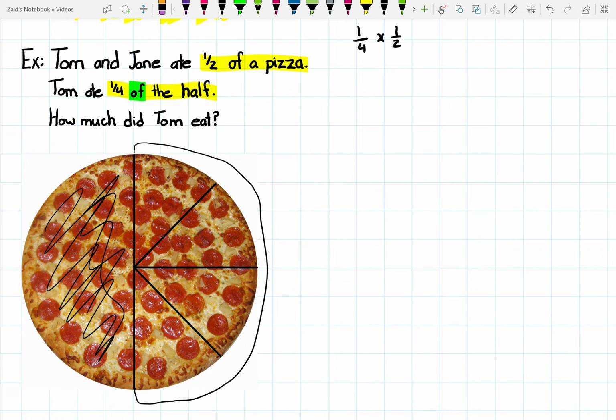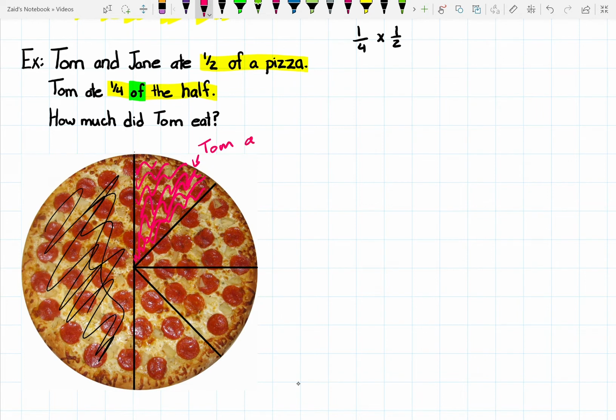So I only put this half that they did eat into 4 equal slices, and I will shade in only one of those slices. So that's how much Tom ate.